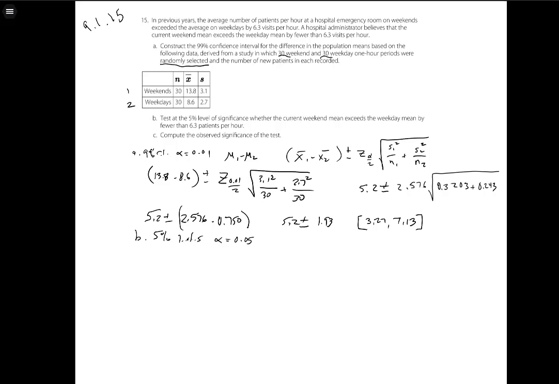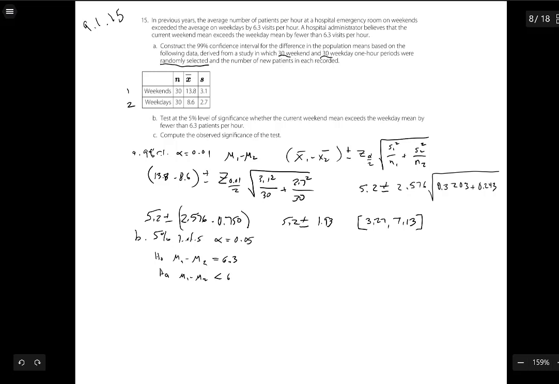So for our hypothesis testing, our null hypothesis is going to be that the difference in means, mu1 minus mu2, is going to be equal to 6.3, and our alternative hypothesis is going to be mu1 minus mu2 is less than 6.3.